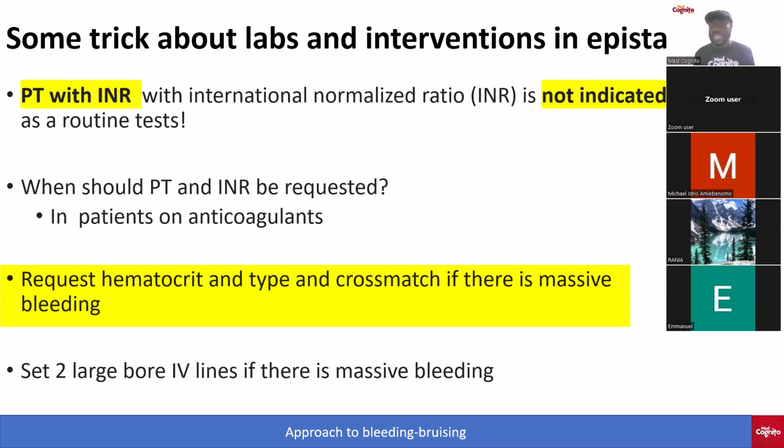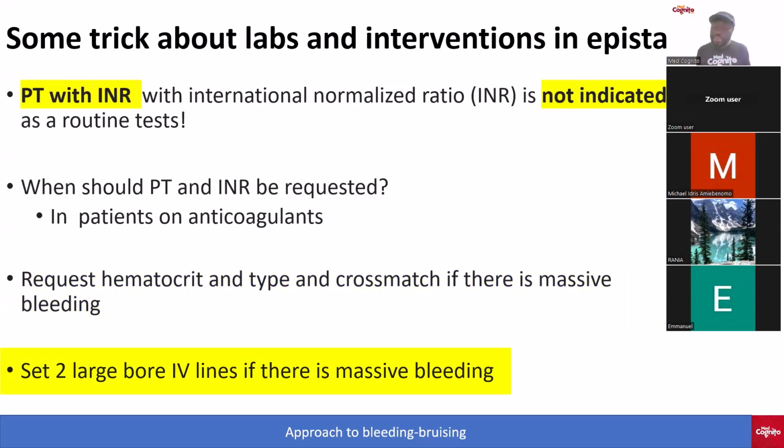But if it becomes necessary, first start with CBC, and of course, part of the CBC will be their hematocrit, and grouping and cross-matching. You will do PT and INR if the patient is on anticoagulation. While you are doing this, don't forget that you set 2 large bore IV cannulae because the patient's hemodynamic status can be compromised, right? So you want to pay attention to that as well.